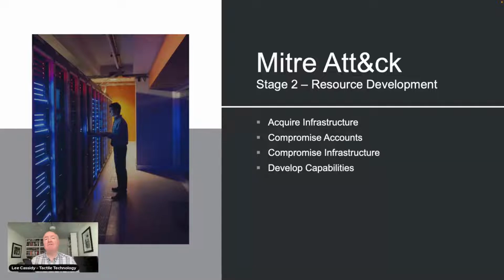The next thing, they're going to develop their capabilities. And in some cases, they're going to do it like a traditional business. They're going to set out what they're trying to achieve, whether it's a piece of malware or a compromise against a particular application or operating system. And they're going to start developing it like you would develop a traditional software product.